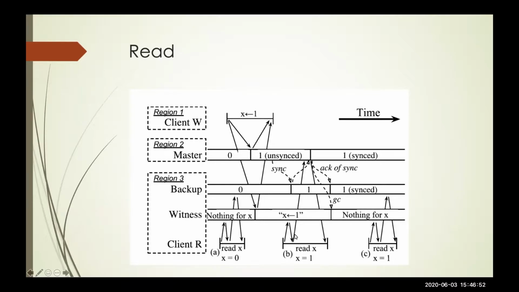After that, client R again requests the witness to check if read X is still commutative with the operations. The witness responds otherwise, that it is no more commutative, because this X equals 1 has not been synced with the backup. So in that case, client R has to check with the master, and then the master returns the response to client R.